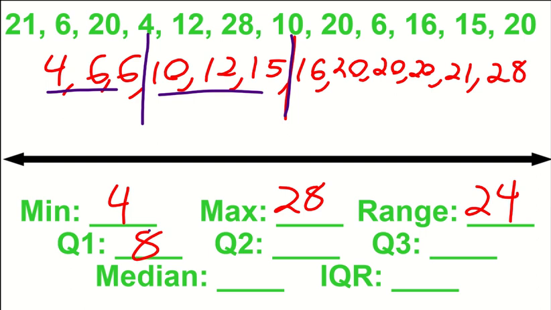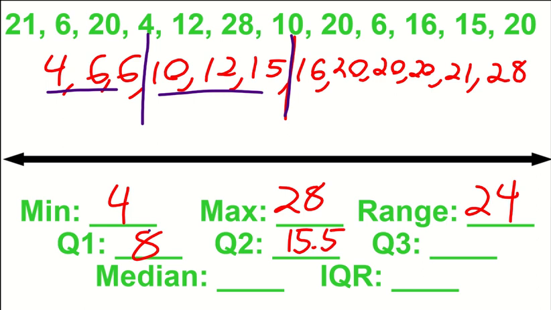All right, what's Q2? How do you kind of have the line there? What's Q2, Natalie? No. Ella? 15.5. It's between 15 and 16.